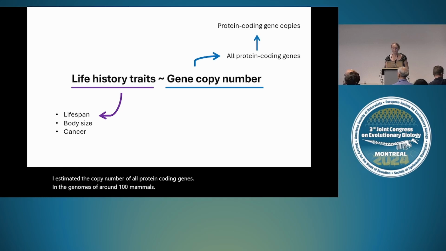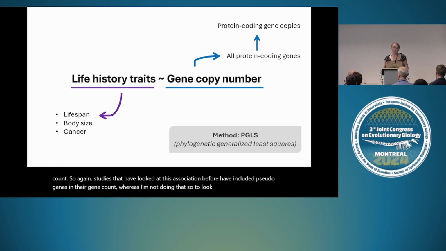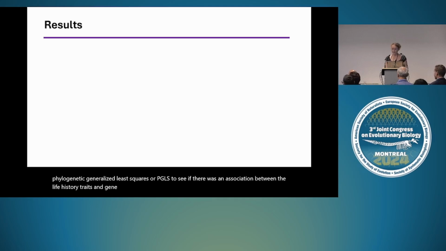And of these copies, I am only counting protein-coding copies in the copy number count. Studies that have looked at this association before have included pseudogenes in their gene count, whereas I'm not doing that. To look at this association, I used phylogenetic generalized least squares, or PGLS, to see if there was an association between the life history traits and gene copy number.